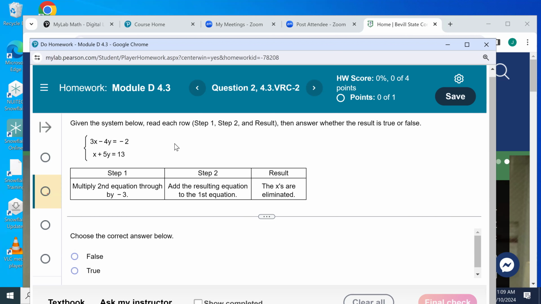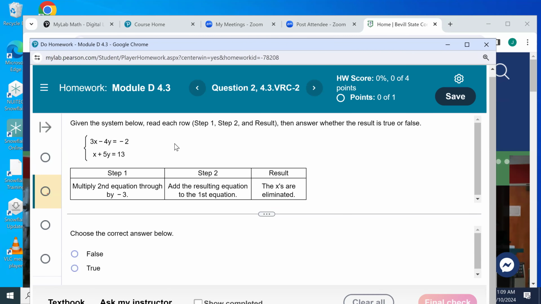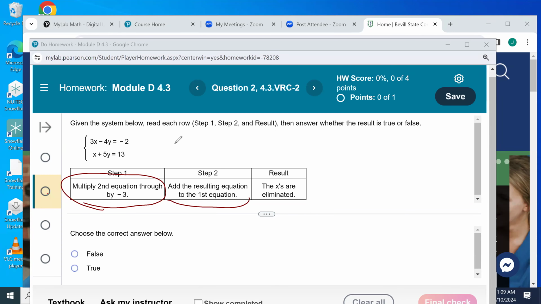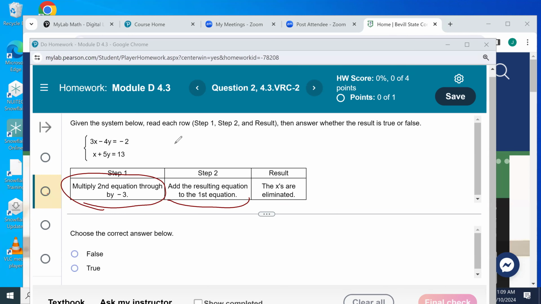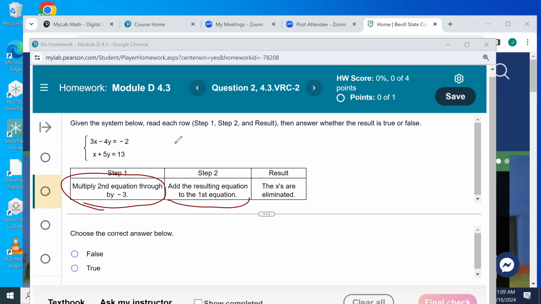But if I took the second equation here, it says multiply the second equation by -3 and add them together. Would the x's get eliminated? Why do you think that?